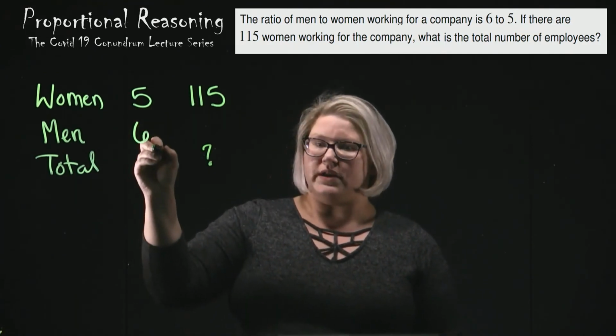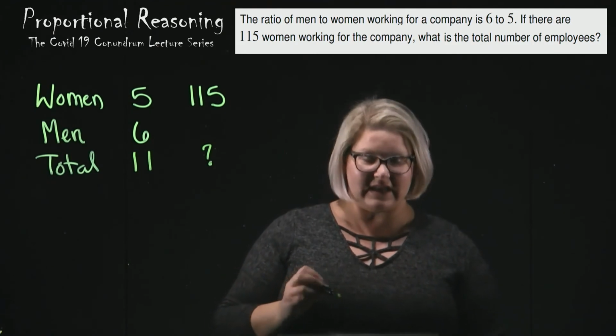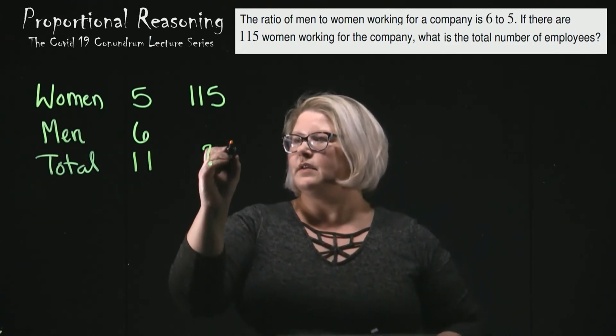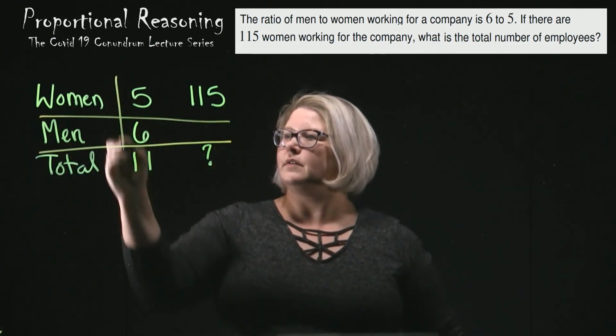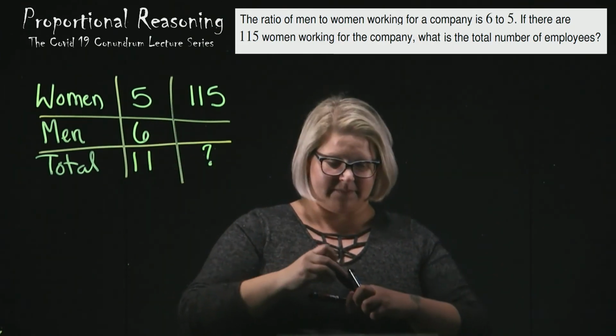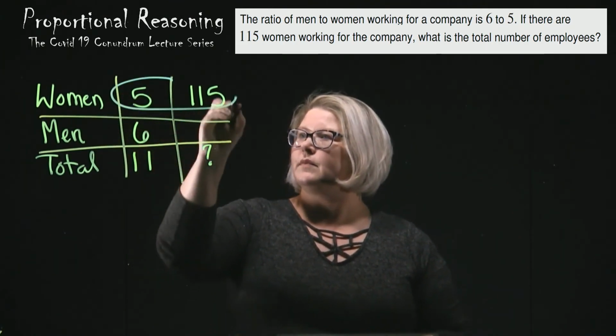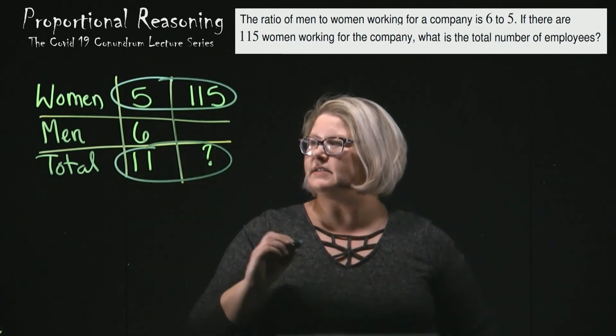So this total we know. If I'm just looking at the ratio, 5 to 6 means I have a total of 11 employees. And if I look at my complete facts, I've got my complete facts here. Comparing women to this.